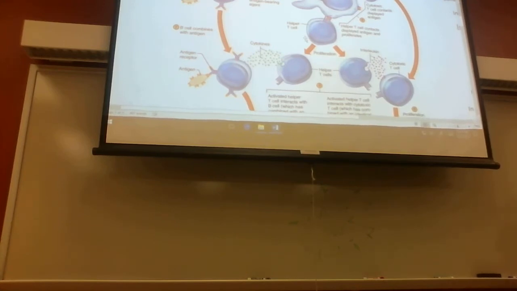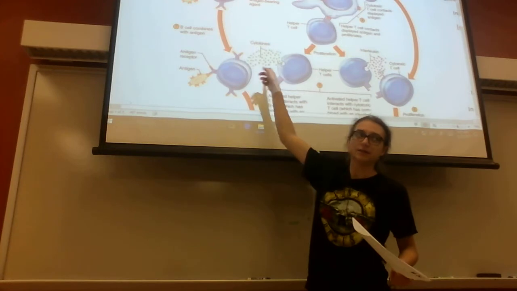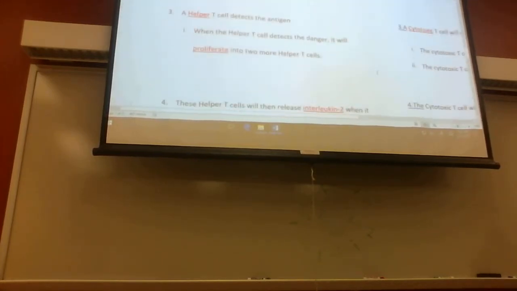So let's see. Step number 4, these helper T cells, the ones that proliferated, will then secrete cytokines. Over here, we originally were secreting interleukin. We're now going to secrete cytokines. So these helper T cells will release cytokines when they come in contact with the B cell.